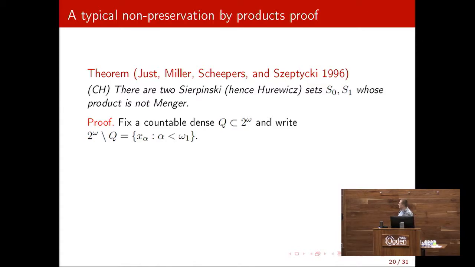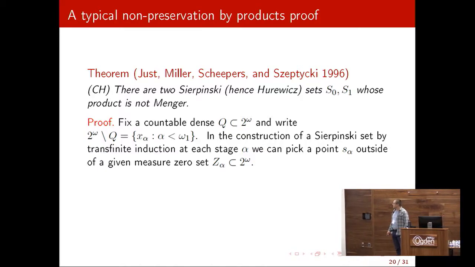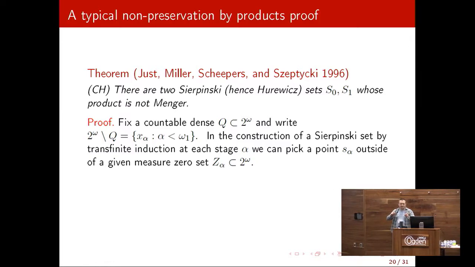and enumerate its complement. Now, in the construction of a Sierpinski set, by transfinite induction at each stage alpha, you are allowed to pick your point outside of a given measure 0 set. So you've got measure 1 possibilities to pick a point.